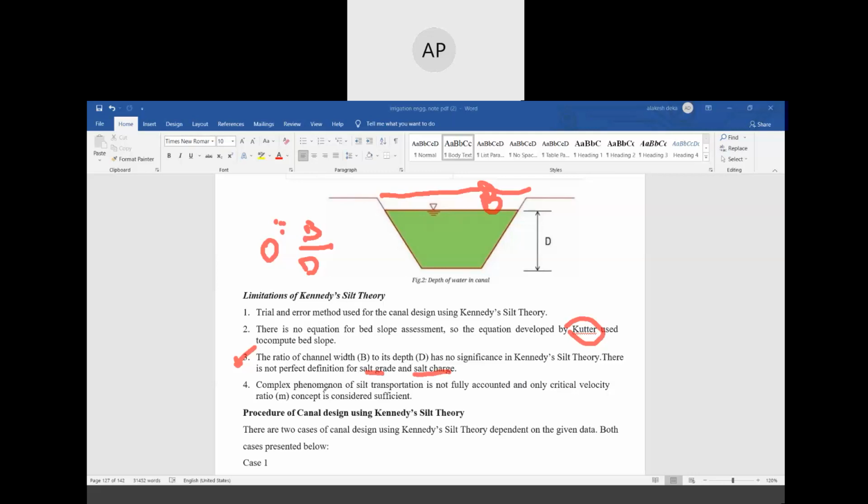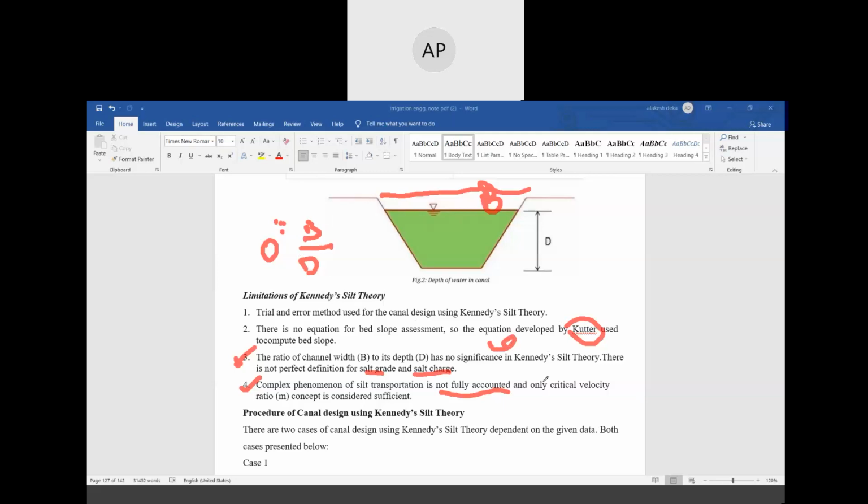Next, the complex phenomenon of silt transportation is not fully accounted for. Those who have taken river engineering as an elective will understand the regime theories. Next, we are going to do that.